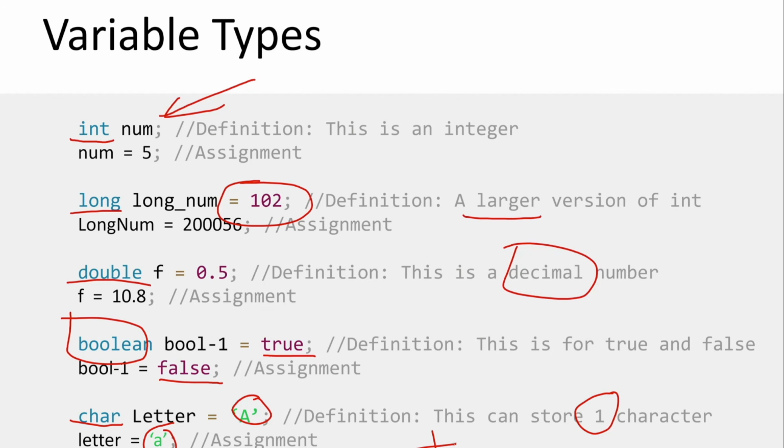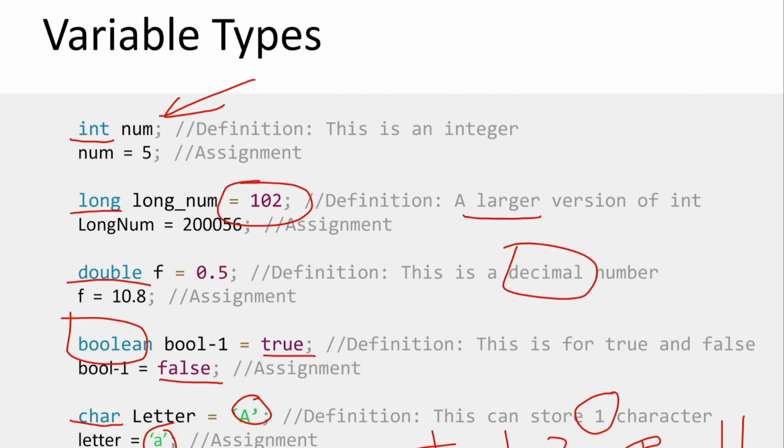And of course, it can be numbers like 1 or 2 or 10 or 3. But remember, this cannot be a number like 11, right? Because that's actually 2 characters.